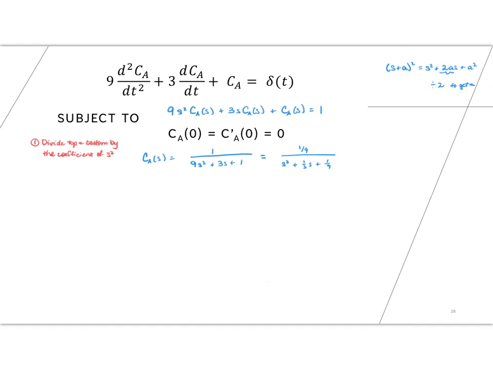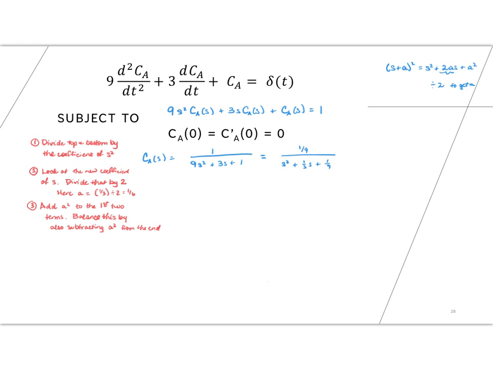What I want to do is force it into the form s squared plus 2as plus a squared. So my next step will be to add that a I just calculated, squared. Now that's not fair, so the only way to do it and still have something that hasn't changed is to also subtract it. Let me show you. So I've cleared myself a little space.